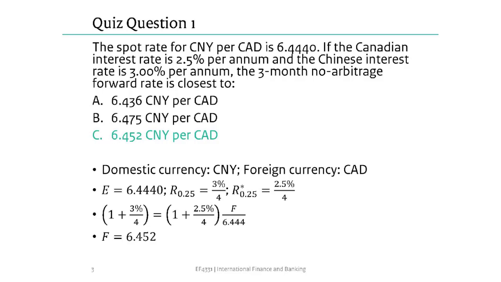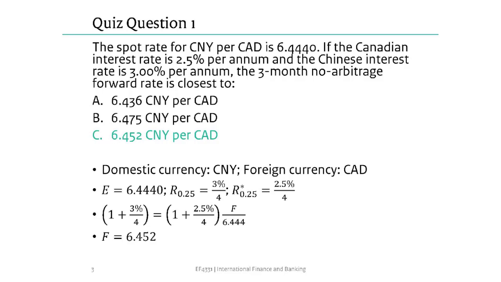Once we establish what R star is, we know what R is for the domestic currency. Domestic currency is the Chinese yuan, and therefore R for just a quarter of a year is 3% divided by 4. Just plug those numbers into CIP, which is this second bullet point, and you solve for F. Very simple. You should get a number that's close to 6.452, and you'll see that it's in fact C. I think the majority of people got it, but some maybe got confused between these last two digits and chose the wrong answer.